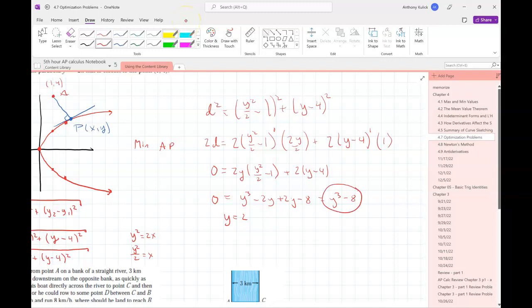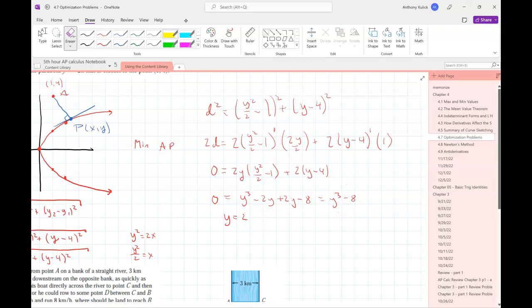That is a difference of two cubes. A difference of two cubes always has two imaginary solutions and one real. And the one real is always easy to get.